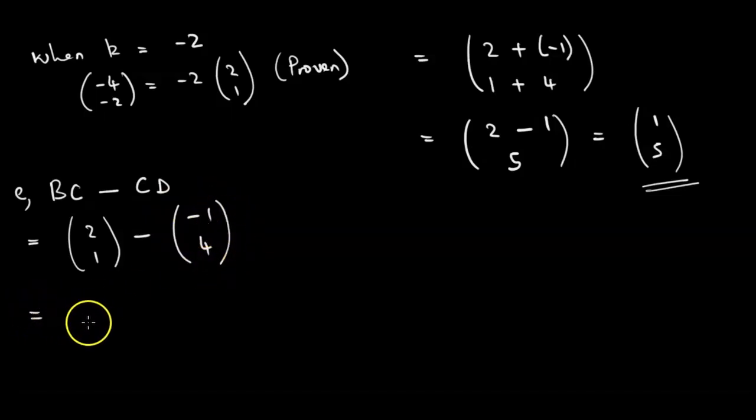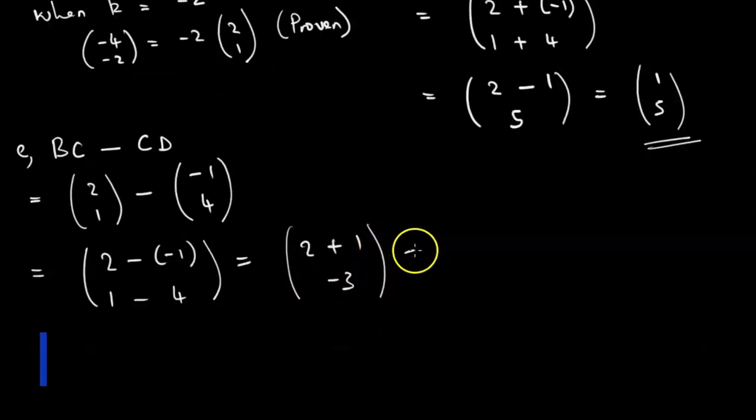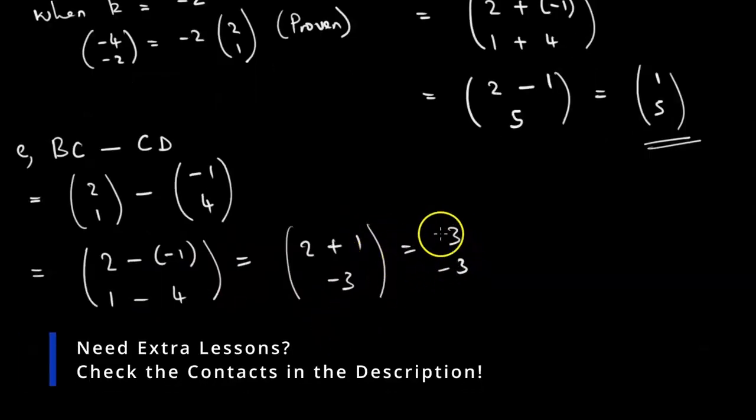So this is equal to what? 2 minus minus 1, and 1 minus 4. So it's equal to 2 minus minus 1, that's 2 plus 1, which is 3, and 1 minus 4, that's minus 3. So we get (3, -3). That is going to be our answer.